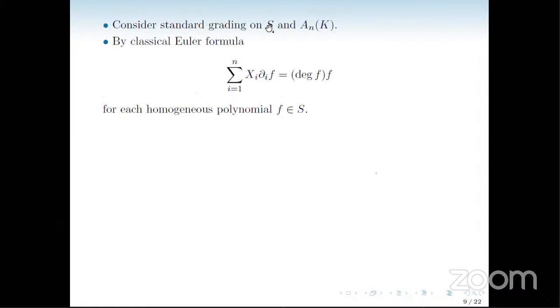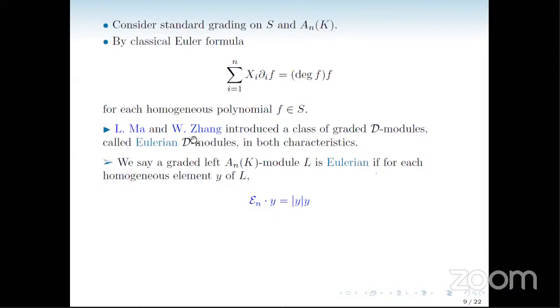Now consider standard grading on S and A_n(K). That means we are taking degree of x_i to be 1 and degree of y to be minus 1 and degree of all elements in K to be 0. Now we know by the classical Euler formula that the summation of x_i ∂_i applied to f is the same as degree of f times f, for each homogeneous polynomial f in S. So inspired by this, Ma and Zhang introduced a class of graded D-modules which is called the Eulerian modules, in both characteristics.